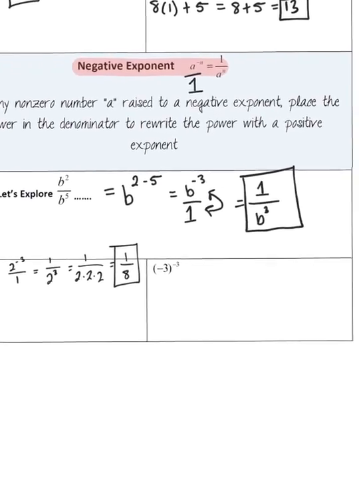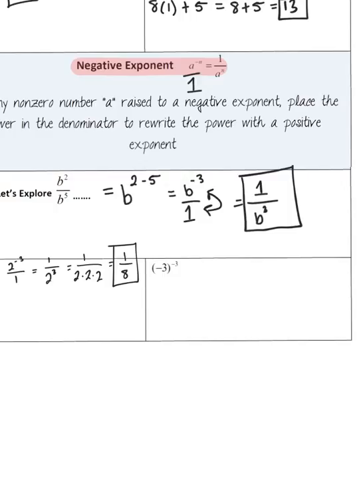On the next one, we've got negative 3 raised to the negative 3. This is still over 1, so I'm going to flip it. I'm going to have 1 over negative 3 to the positive 3rd power. I still kept the parentheses there, so that means that negative sign is attached to every 3. So this is 1 over negative 3 times negative 3 times negative 3.